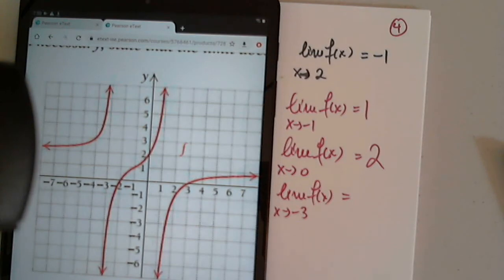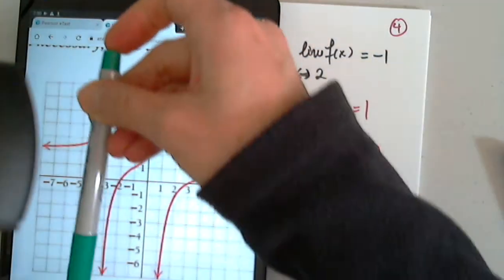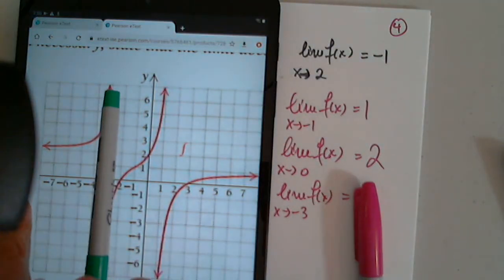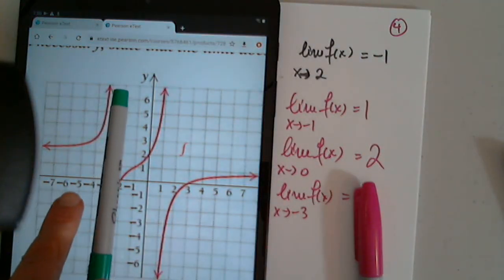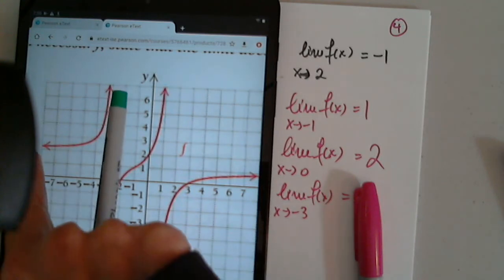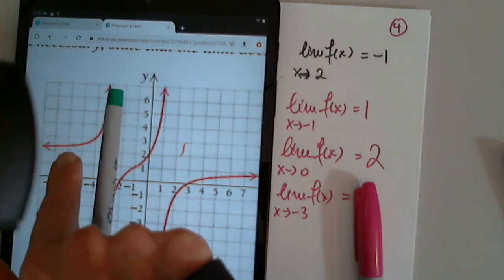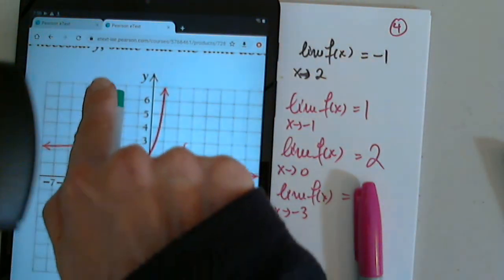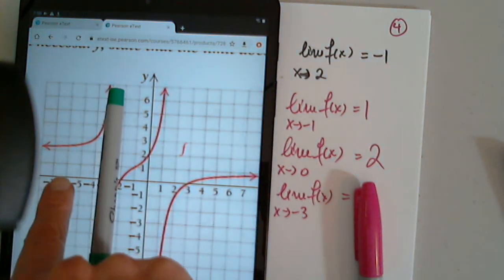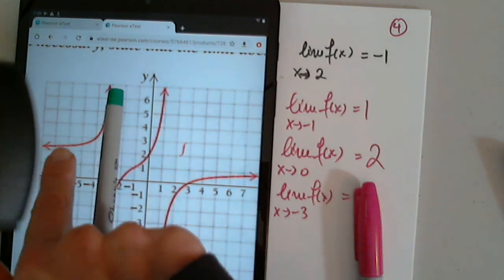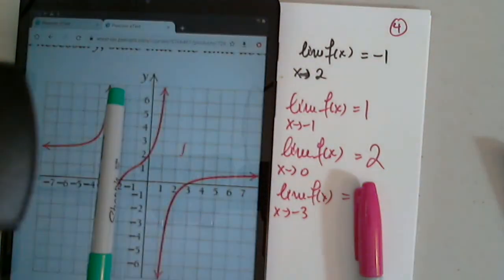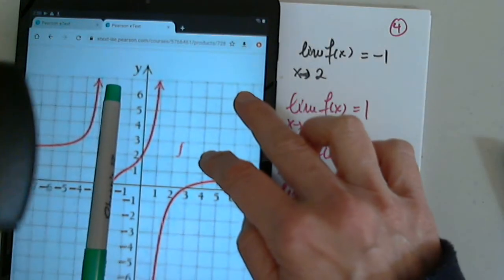So let's take this one easy. We know we have a vertical asymptote at -3. And I'm asking now, as x approaches -3 from the left, what do the function values do? Where will the function go?